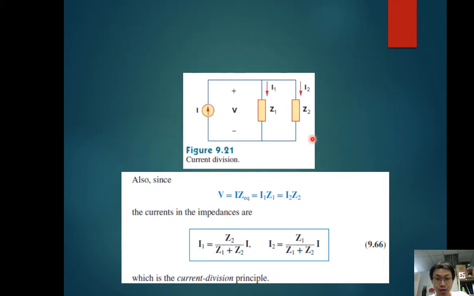For this case, this is a current division. It is the same as in a DC circuit. If I want to find I1, it's very easy: I use Z2 divided by total impedance times I. Or if I want to find I2, I use Z1 divided by total impedance times I.